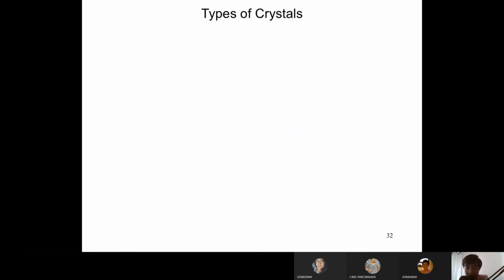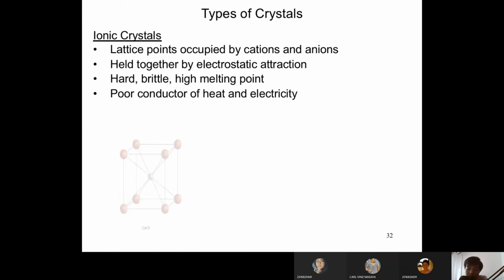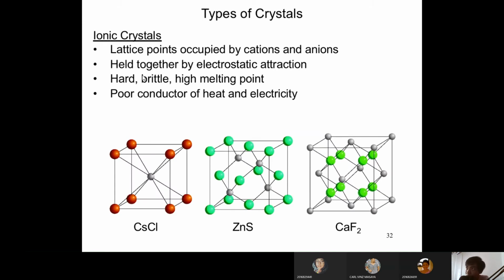Ano yung mga uri ng crystalline solids natin? Number 1 is ionic crystals. Pag sinabing ionic crystals, these are crystalline solids with ions at the lattice point. Ang meaning ng lattice point, yun yung mga nasa edge ng cube, yung mga particles na nasa kanyang arrangement.